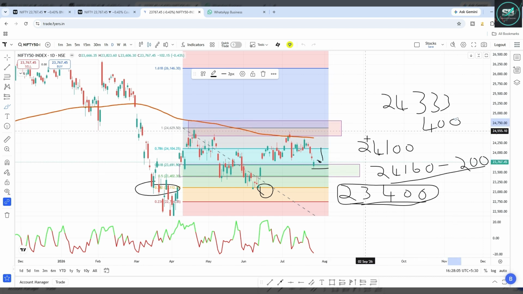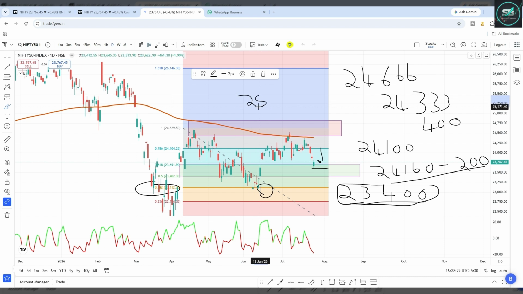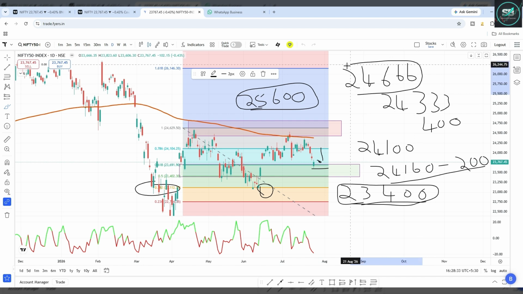If Nifty sustains above the 24,666 level, soon we will be seeing the 25,600 level as well in Nifty. For this to be achieved, Nifty has to close at least a daily candle above this level.